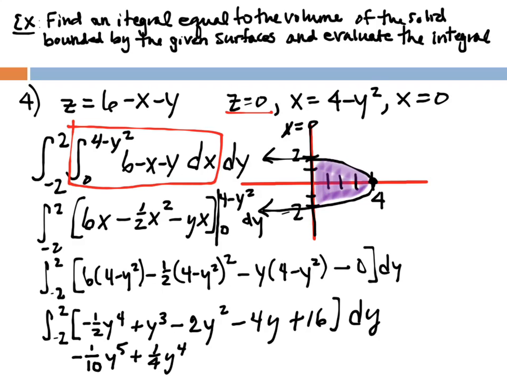How about tell me the third one? Fantastic. Negative 2y squared. Okay, and someone who hasn't given me an answer yet recently, tell me the last one. Plus 16. Thank you, Brandon. 16y. All right.